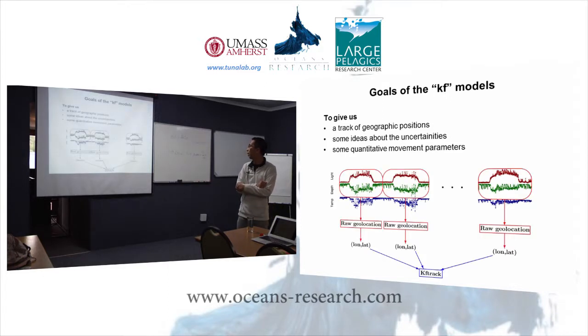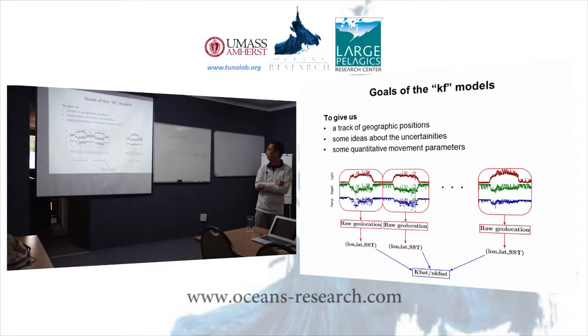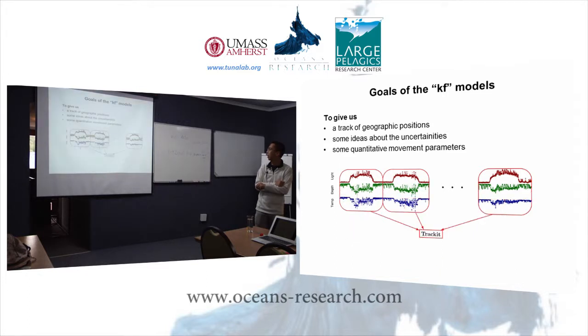And a quick recap: you have these raw positions and you've been using KFtrack, or when you have SST, it would be UKFSST. But Trackit works directly with the data collected by the tag. That's why I said it works best for archival tags, because archival tags are already collecting all this data. You have the same with recovered tags.